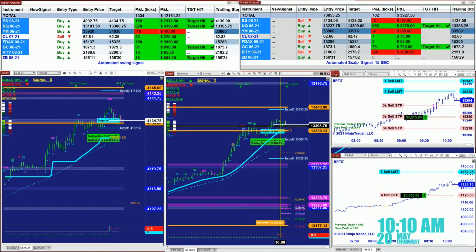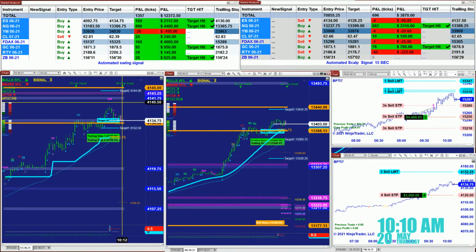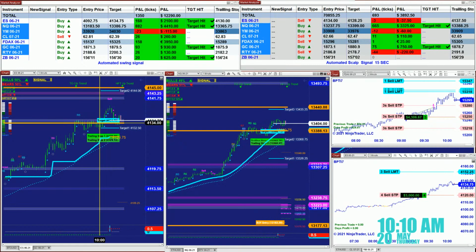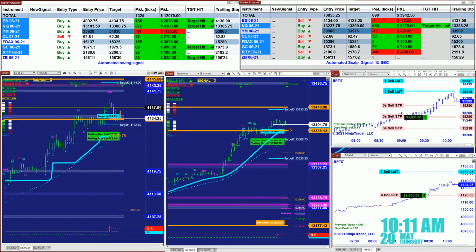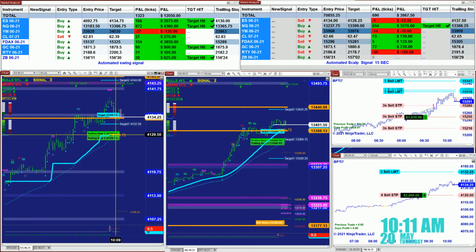The minute some people crack it or start to understand what is behind it, when everybody starts using it, then it's no longer valid, and it will fail like anything else out there. So right now, as we see on the ES, we are about done with the trend to the long side. There is a good potential for a re-entry.